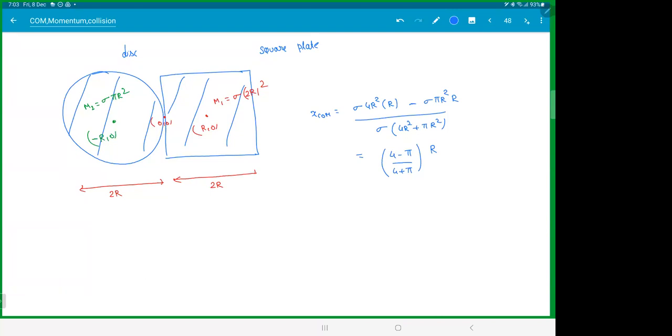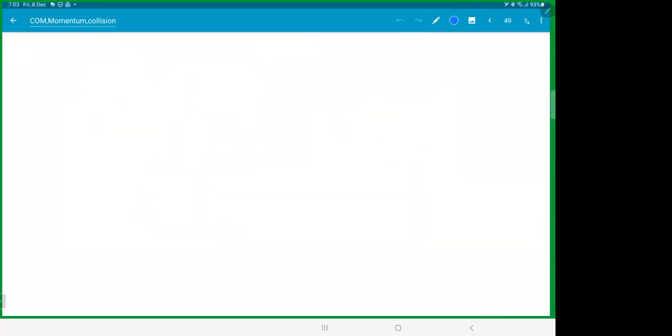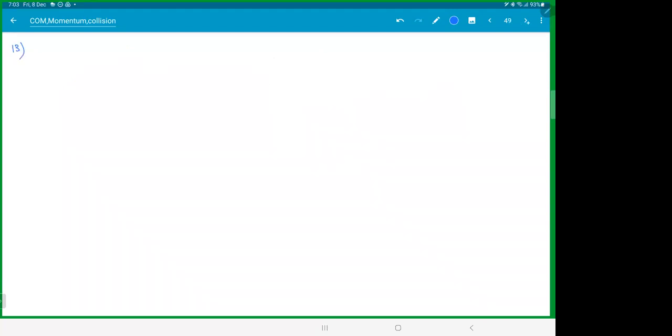There. So this is one kind of thing. The next one is cavities. Quite an important model. This you will encounter at multiple places. So let's say we have a disk here.